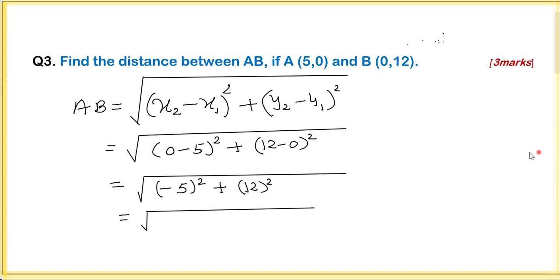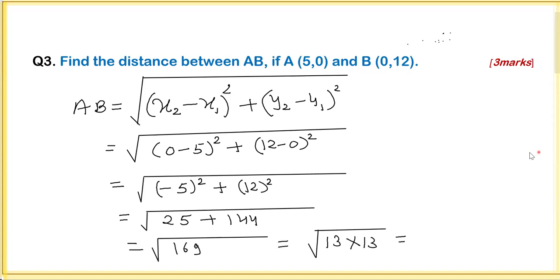The square of a negative is positive, so the square of minus 5 is 25, and the square of 12 is 144. On adding 25 plus 144, that is 169, and the square root of 169 is 13 units, and this is the answer.